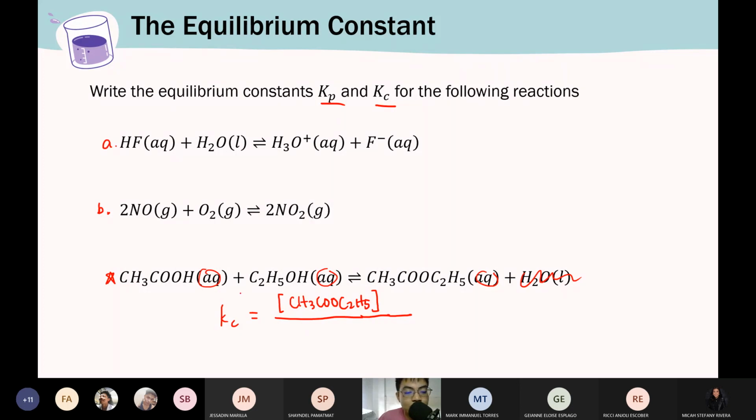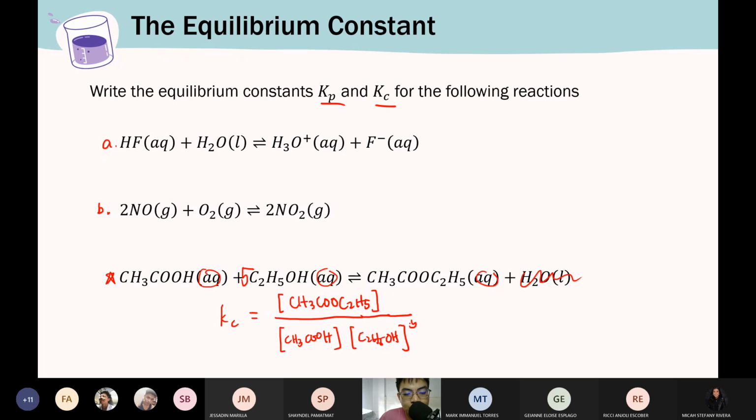So, that's the products. And then, for the denominator, I have two chemical species. What should I do? I must multiply their concentrations. Okay? So, that's CH3COOH and C2H5OH. What if po, what if may coefficient dito, sir, na 5?